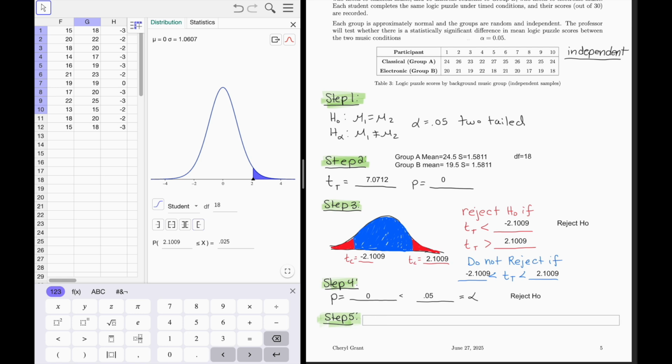So we're going to write: at the 0.05 level of significance, there is enough evidence to support the claim that there is a difference between the two groups.